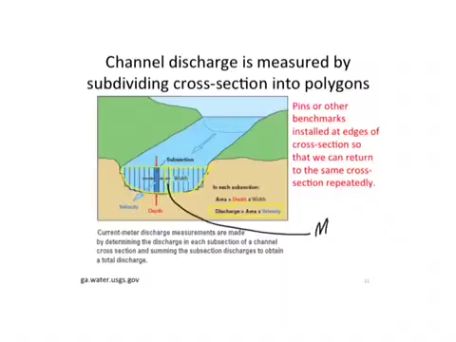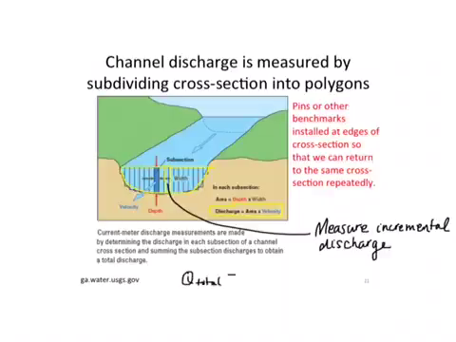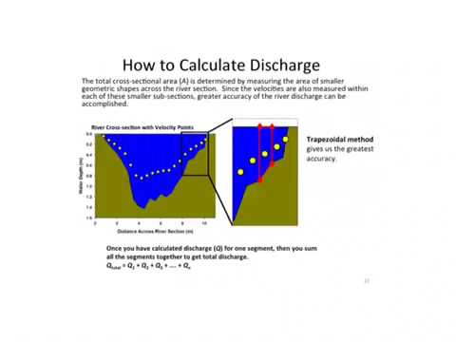So measure incremental discharge, which is just the Q flowing through that individual polygon. And then we could add up the discharge in each of these measured sections and say that our total discharge is equal to the sum of the incremental discharges. This is a concept that's fairly simple. It's based on geometry and the notion that discharge is equal to area times velocity.